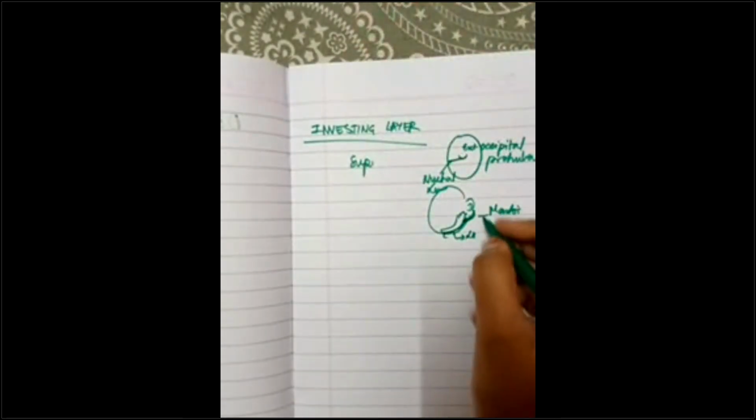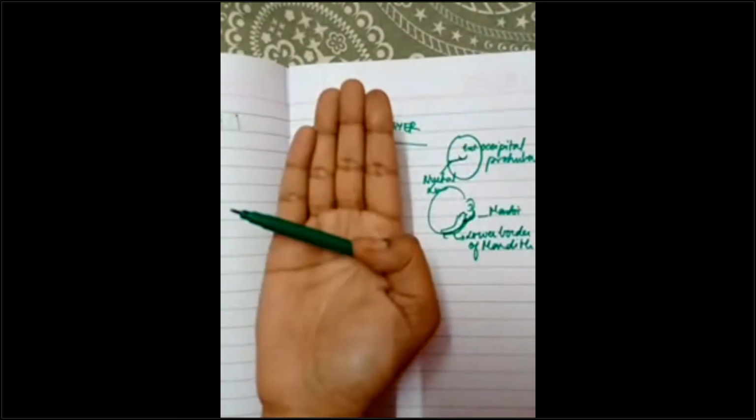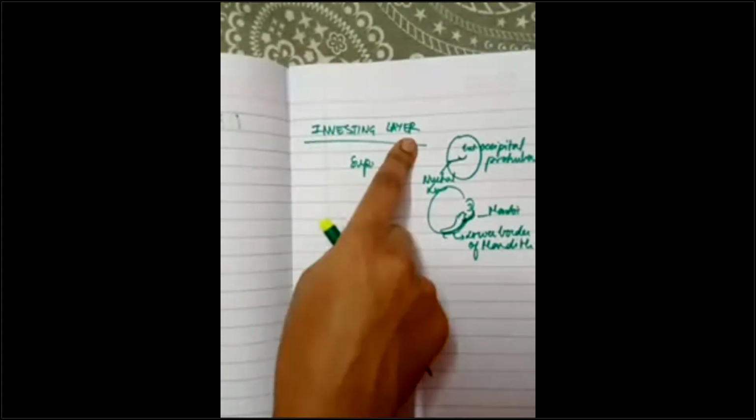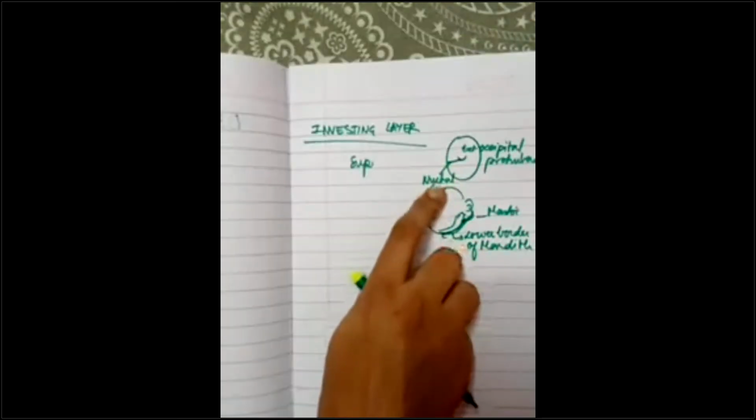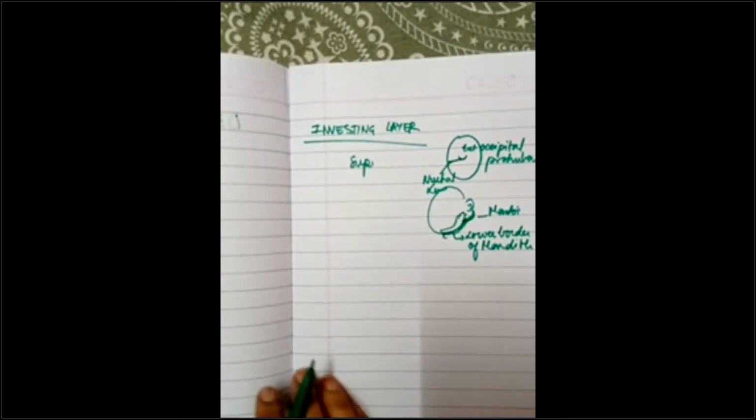These are the superior attachments of your investing layer. From posterior to forward: external occipital protuberance, your superior nuchal line, your mastoid process, and your lower border of mandible.